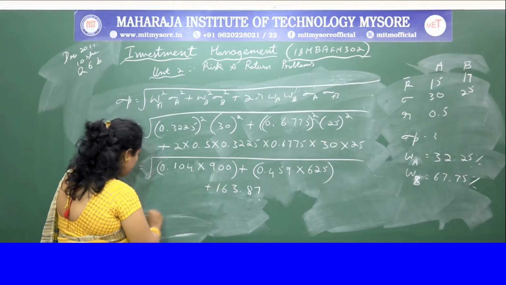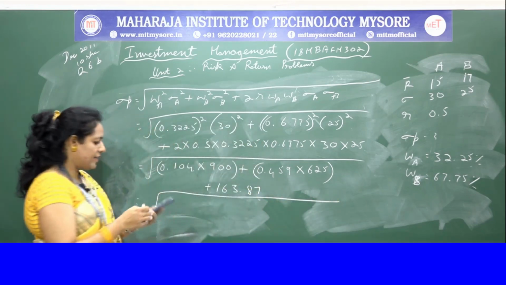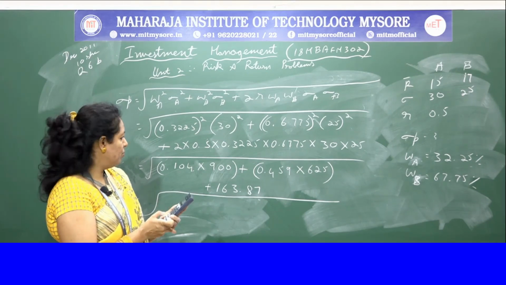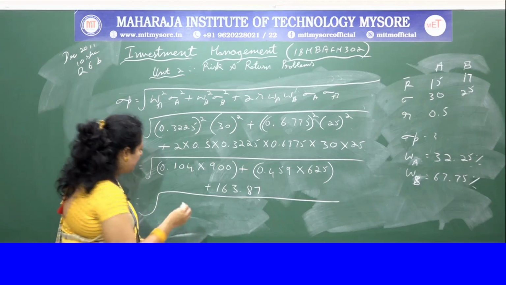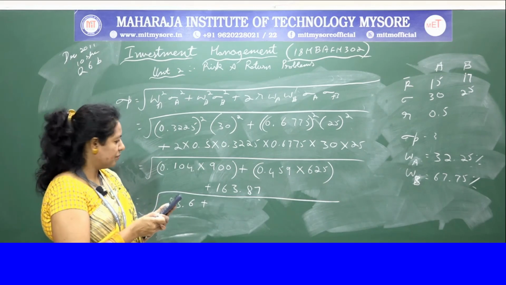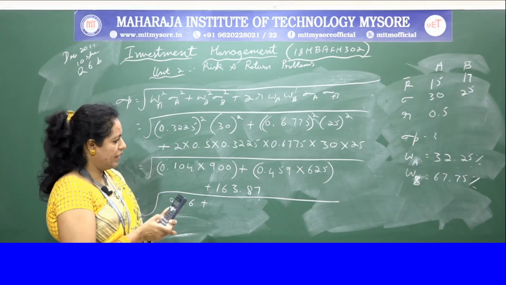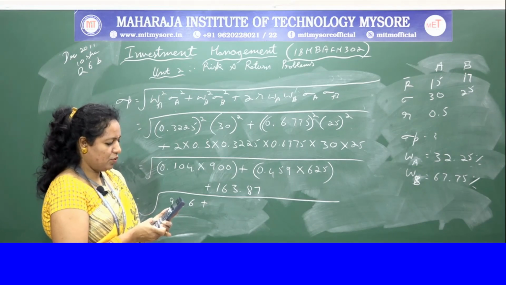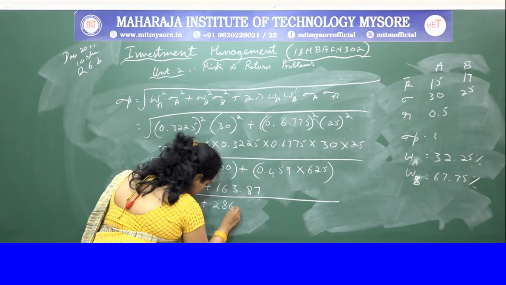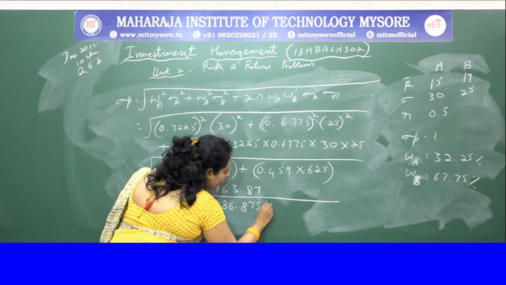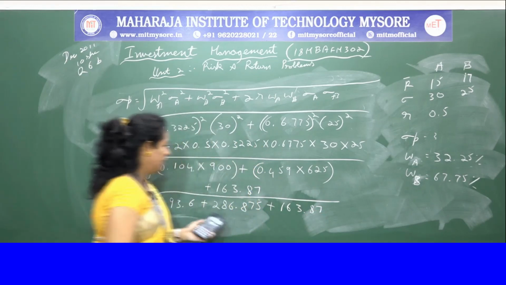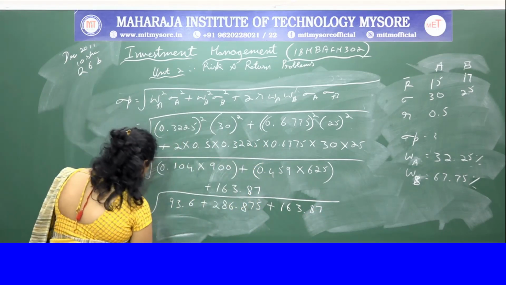So this is what we have got, and further we are going to simplify it: 0.104 into 900, you get 93.6, plus 0.459 into 625, you get 286.875, plus, it is already done, 163.87. Now we need to add all these.